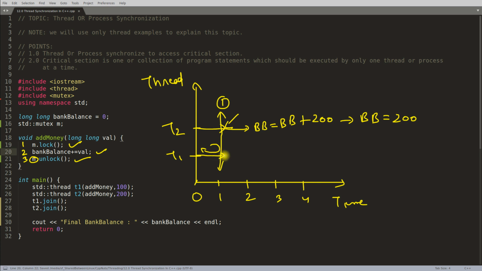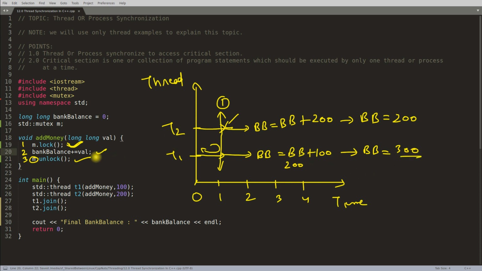Now T1 will be able to lock it and move further, because T1 was actually waiting here itself. Then T1 can go ahead. Now when T1 is doing BB is equal to BB plus 100, it is actually 300, because BB is now 200 here, and 200 plus 100 is 300.